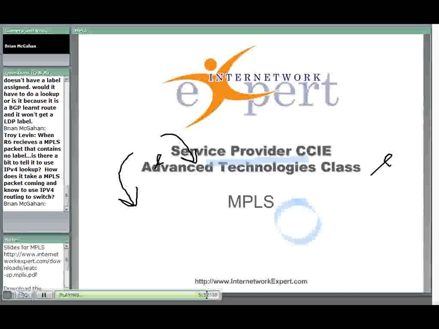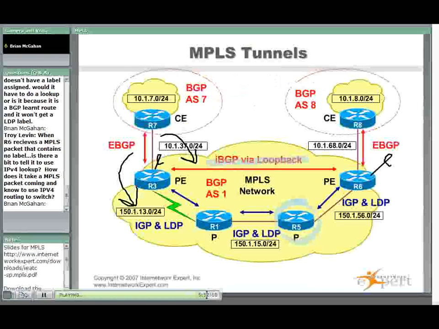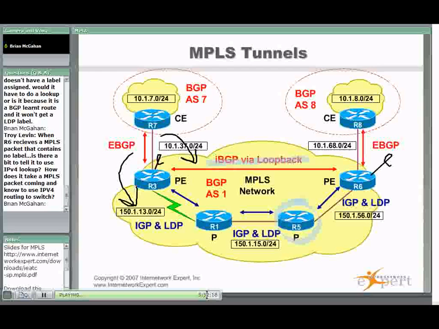Okay, when we send the ping, then we look at, actually let me clear the log. Right now, 6 can't see it because it's transit traffic. Let me say no IP route cache. And we'll try this again.